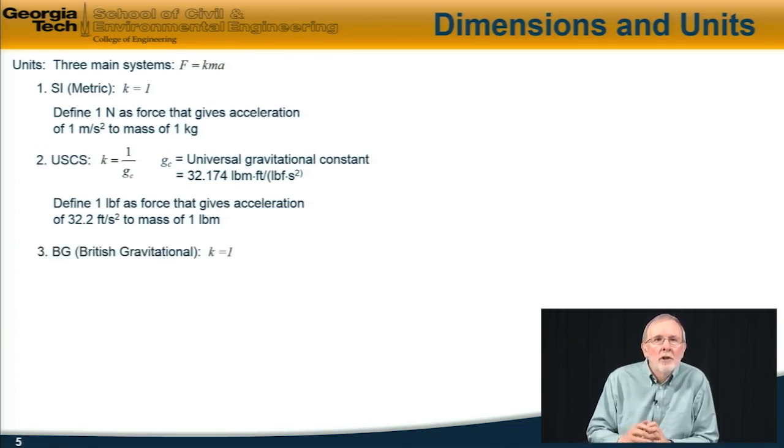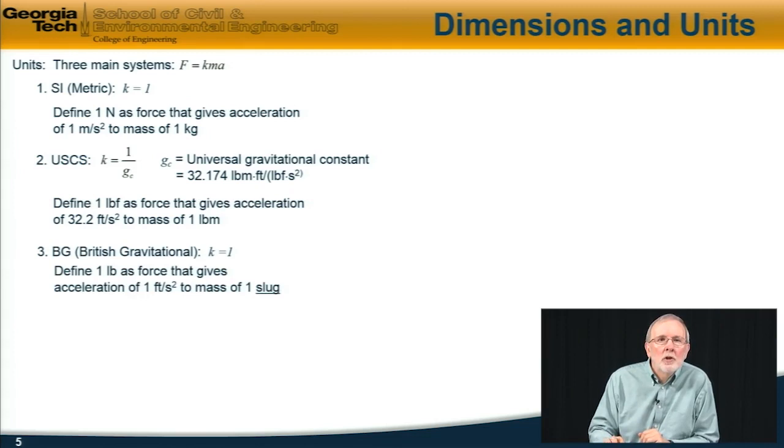Then finally, there's a third system, sometimes called the British gravitational system, where k is also equal to 1, and here the unit of mass is the slug, and the unit of force is a pound, is the force that gives an acceleration of 1 foot per second squared to a mass of 1 slug.